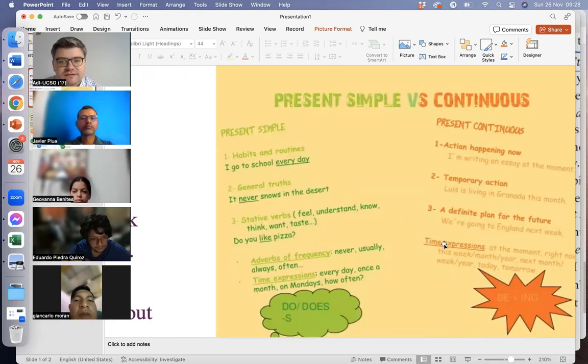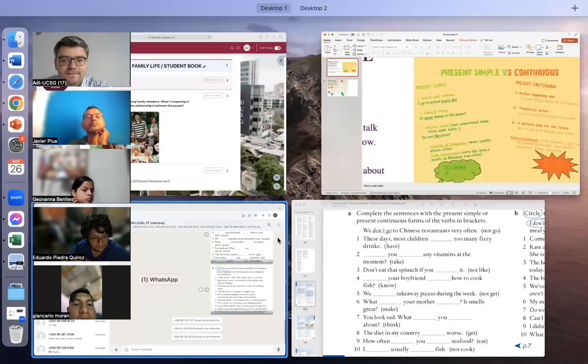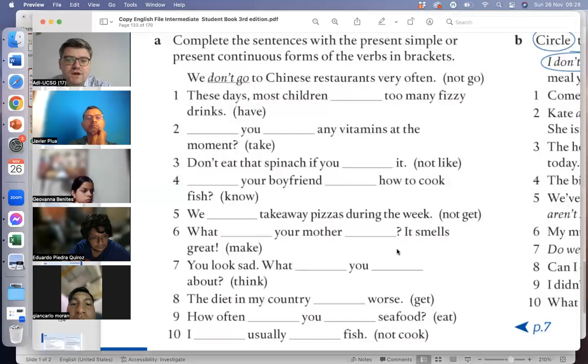So both tenses use time expressions, but they are different. One uses right now or at the moment of speaking. Another uses generic time expressions, every day, once a month, on Mondays, and so on. So try again.